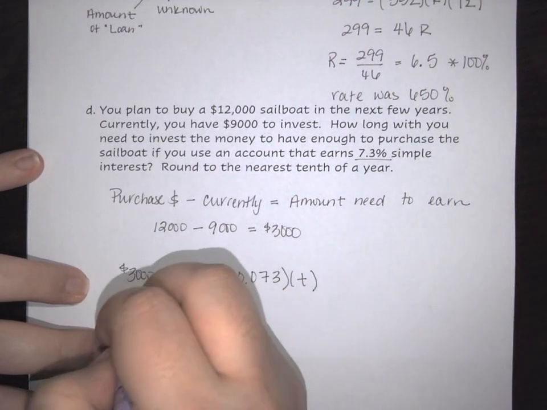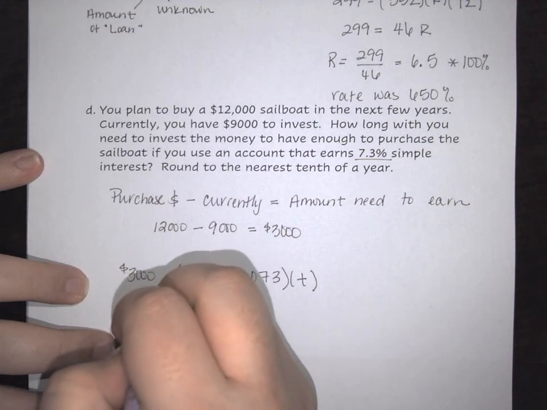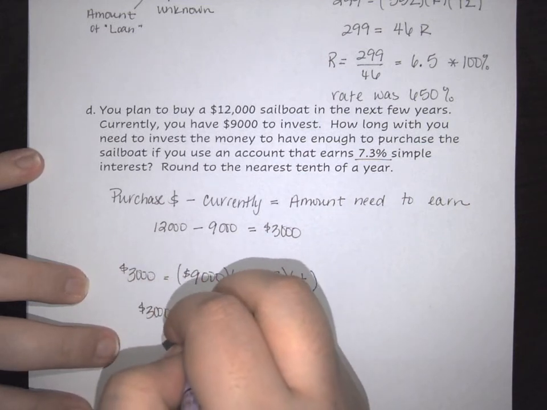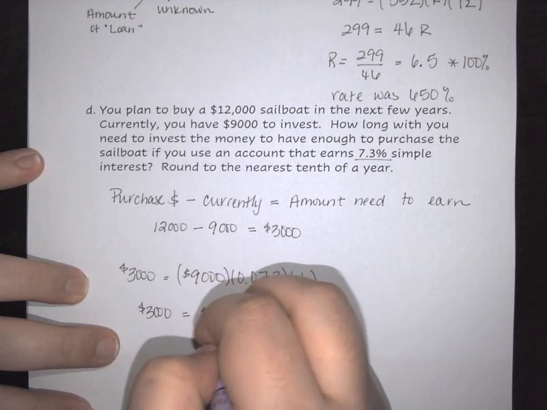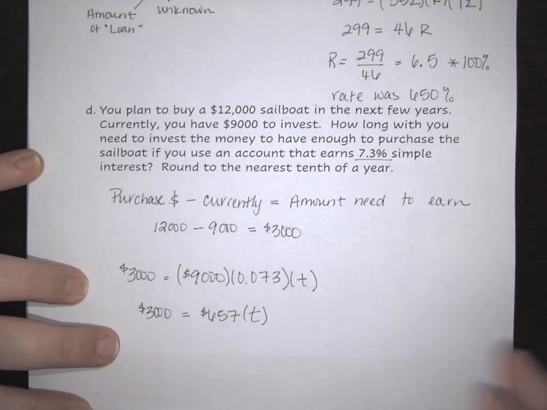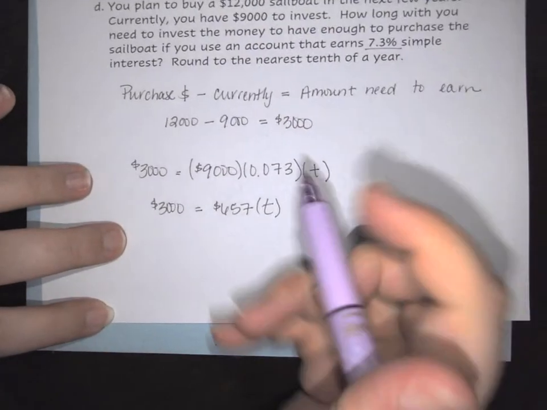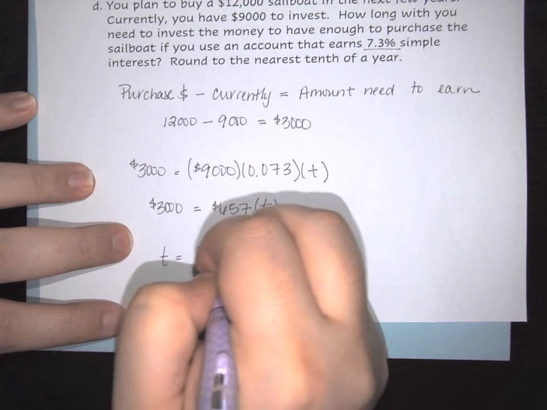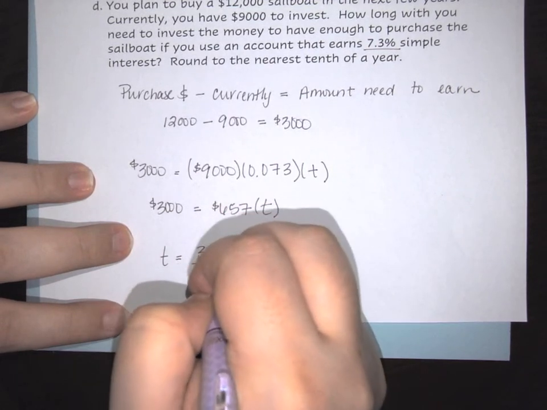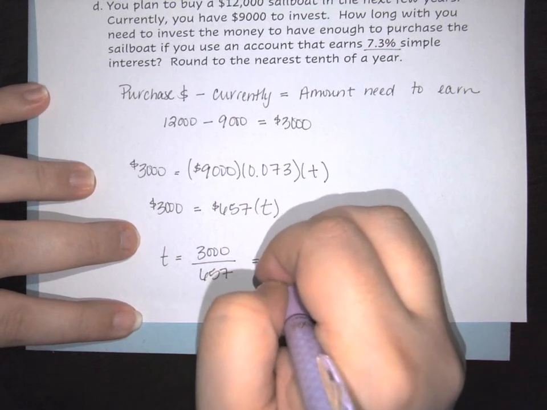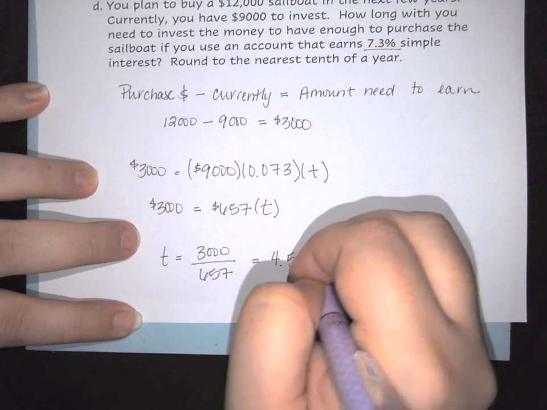So here we would have that your $3,000 is equal to 657 times t. So my t is going to be 3,000 divided by 657, which is going to give me 4.566.